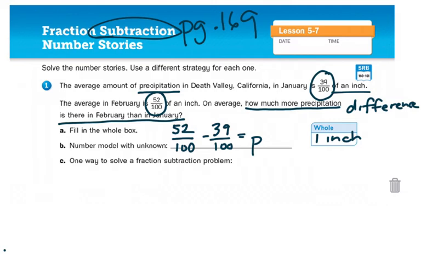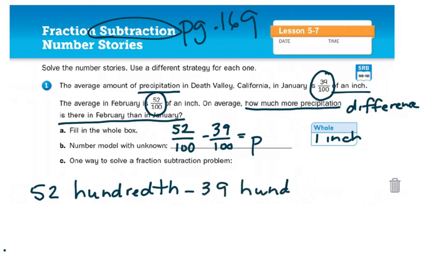52 hundredths minus 39 hundredths equals, and let's go ahead and figure that out. 52 minus 39, you have plenty of space in your math journal to write this out. 12 minus 9 is 3, and 4 minus 3 is 1.